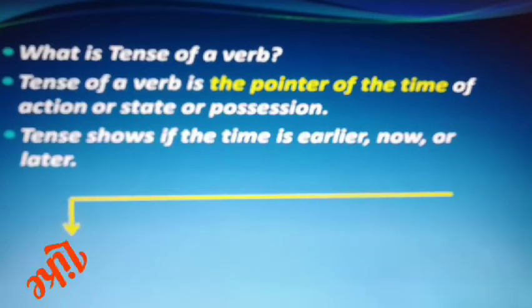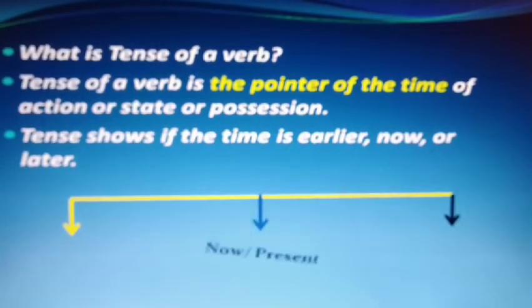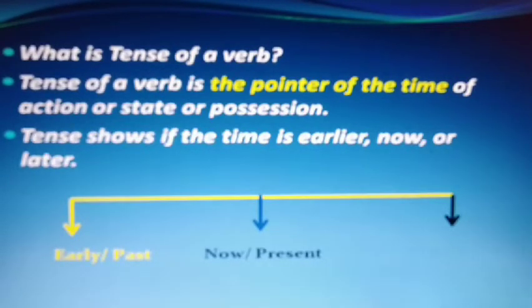Now look at this chart. When something happens now, we call it present. When it happens earlier, we call it past tense. And when it happens later than this period, that present, we call it future tense.